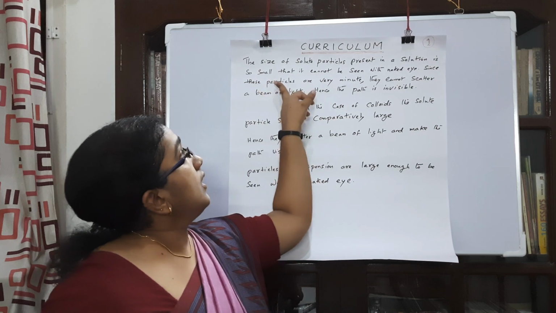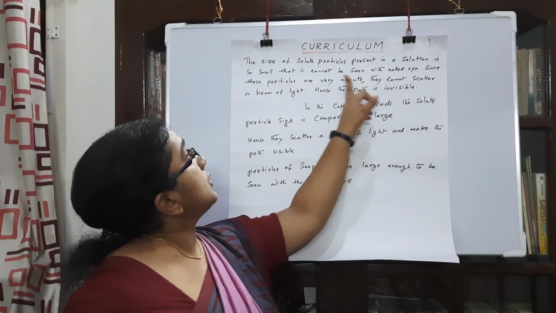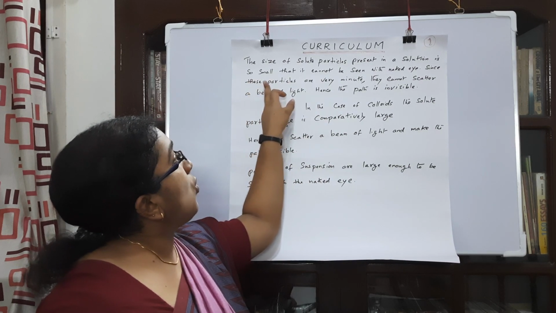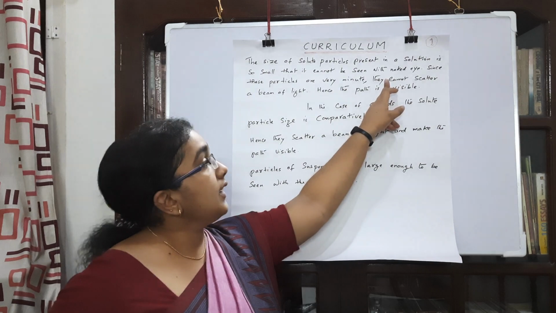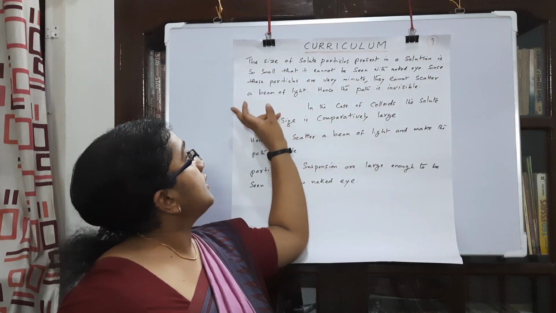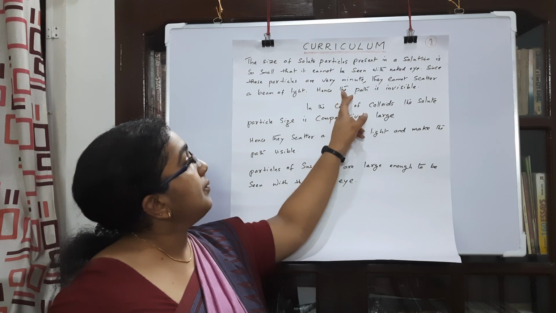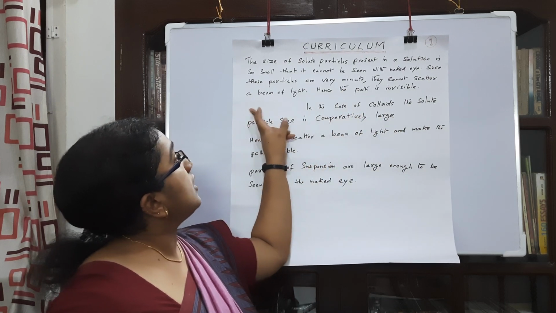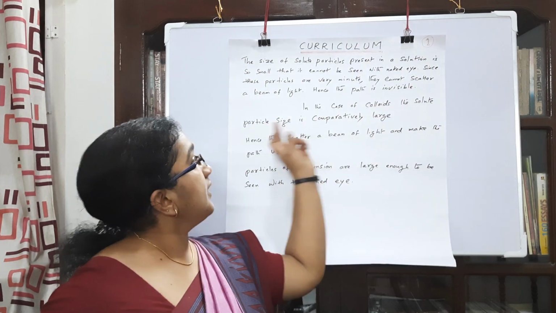The size of the solute particles present in a solution is so small that it cannot be seen with the naked eye. Since these particles are very minute, they cannot scatter a beam of light. Hence, the path is invisible.